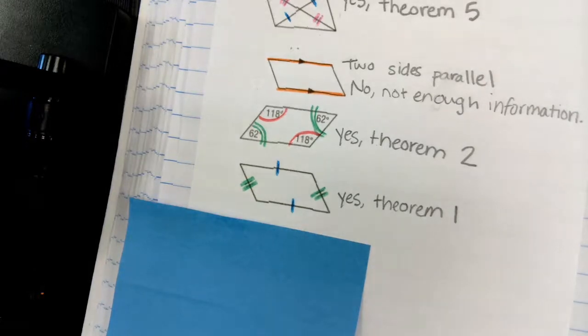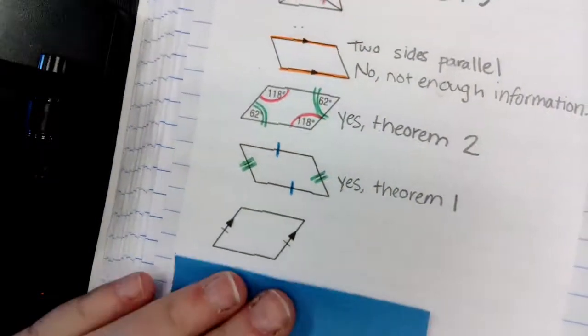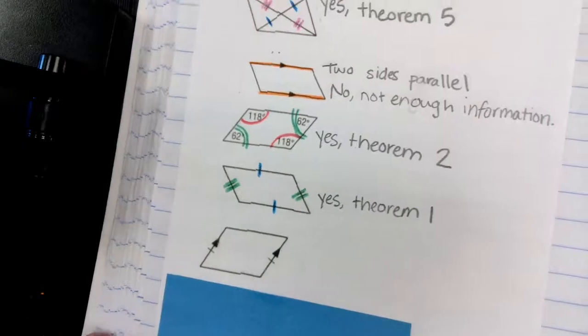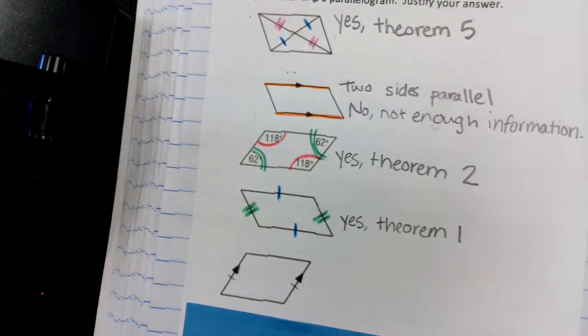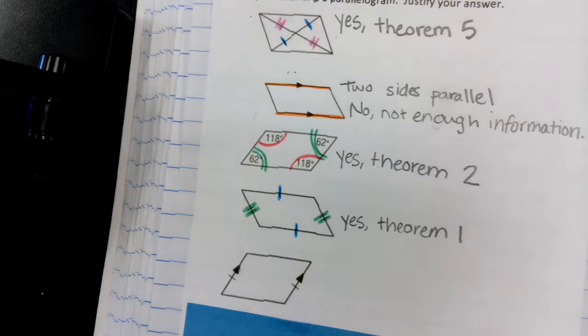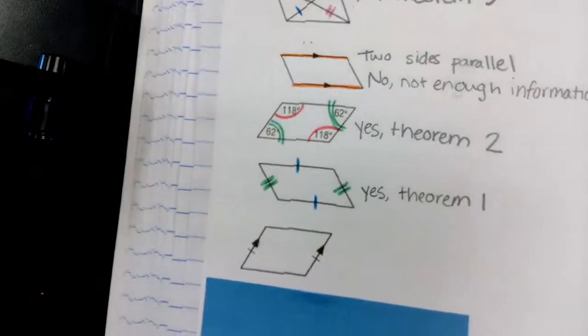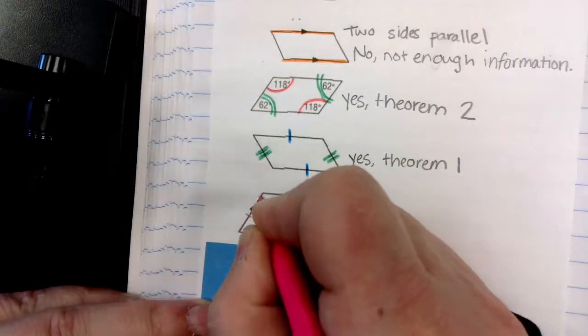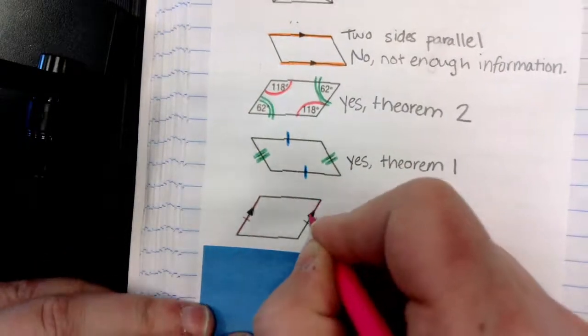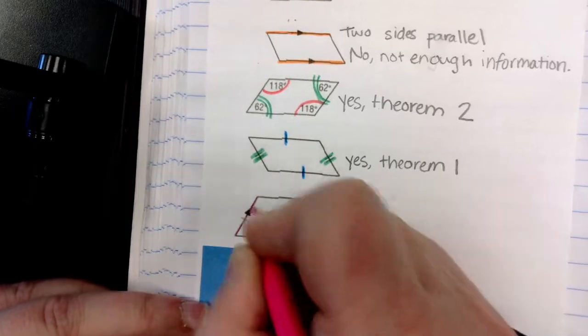Alright, last one for this one is this bottom one. What information are we given? Parallel and congruent. Yeah, these two sides are parallel. What part told me they are parallel? The arrows. What part tells me that they are congruent?